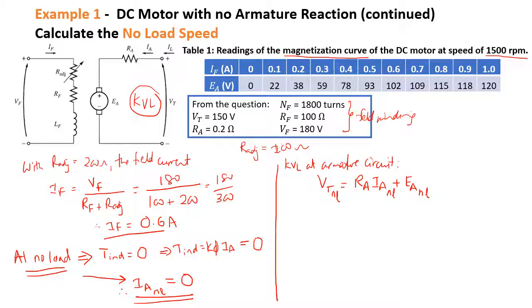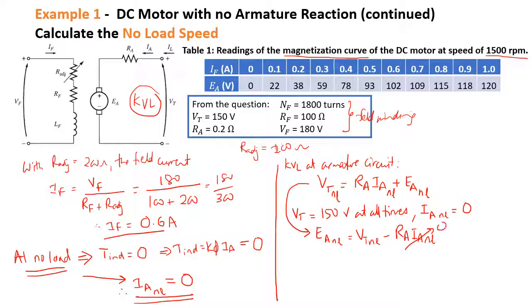The VT is always 150 volts at all times, and we said just now that IA no load is equal to 0. So from this equation, EA no load is equal to VT no load minus RA IA no load, and this current is 0. Therefore, EA no load is equal to VT no load, which is 150 volts.